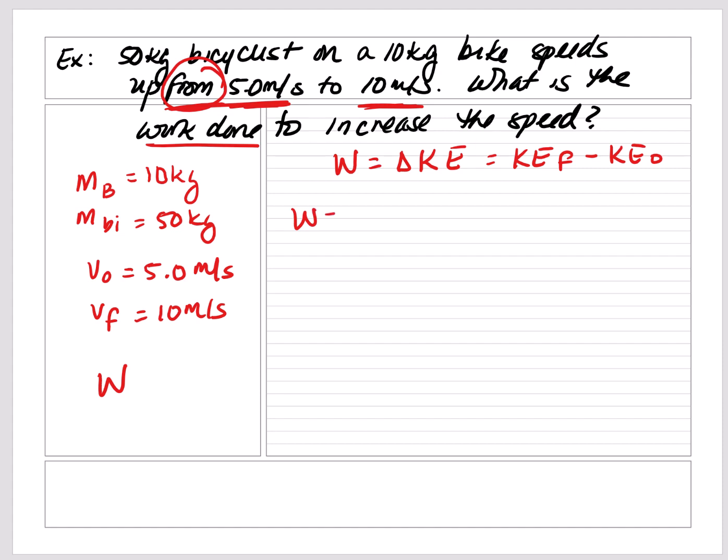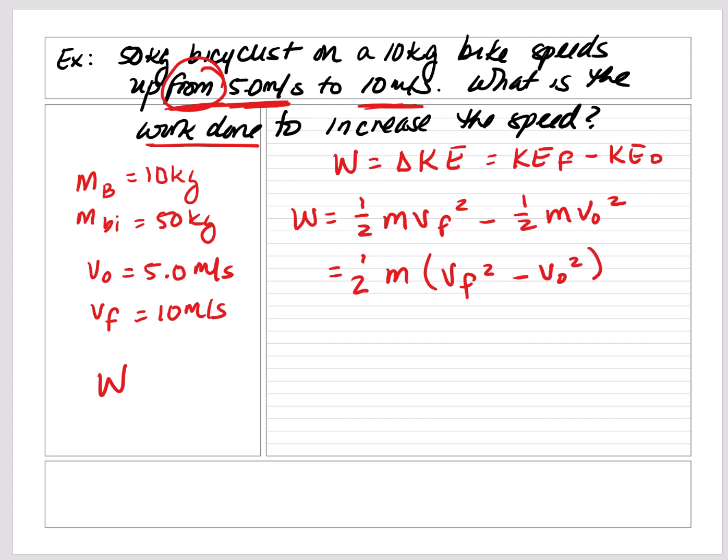So work is going to equal 1/2 mass velocity final squared minus 1/2 mass velocity initial squared. So you could either plug in the numbers here, or you can simplify it a little bit further: 1/2 mass times velocity final squared minus velocity initial squared.